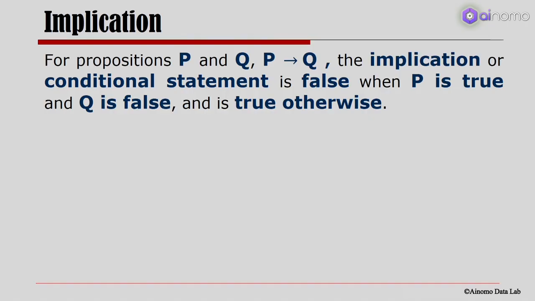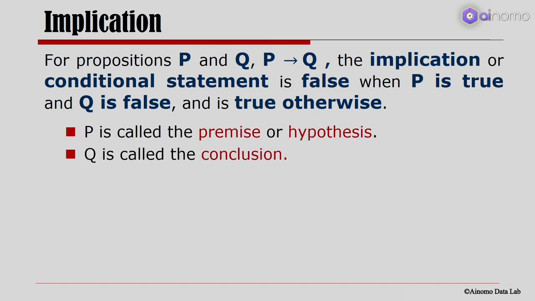For propositions P and Q, if P then Q, the implication or conditional statement, is false when P is true and Q is false and is true otherwise.